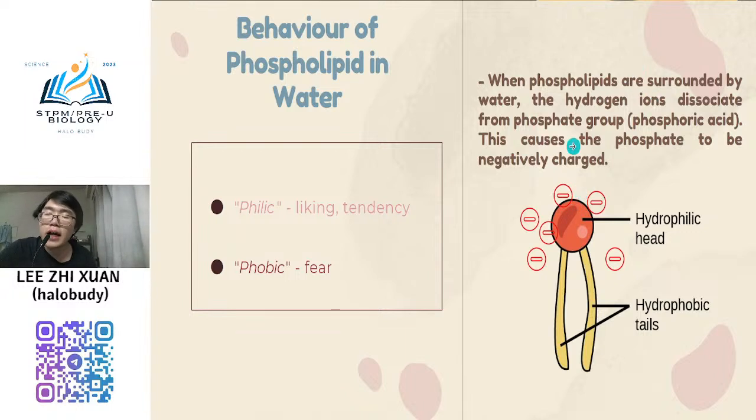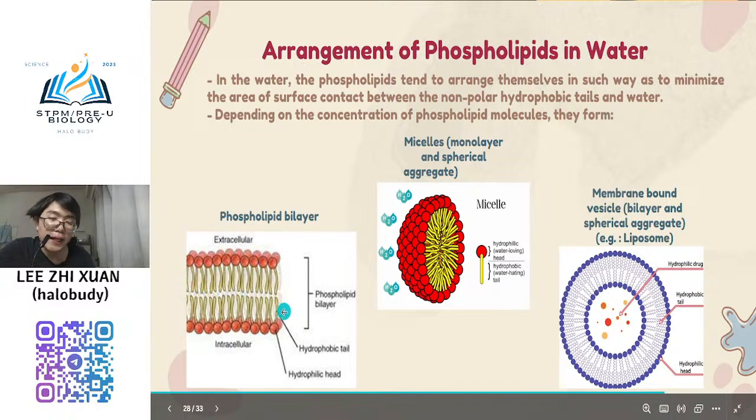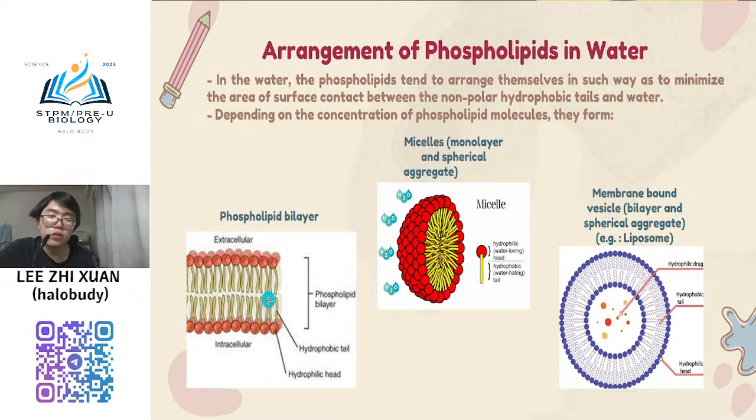The hydrogen ion dissociates from the phosphate group. This causes the phosphate to be negatively charged. That reaction occurs when you dissolve it in water. So that is why when you arrange the phospholipid in water, they arrange like this in the form of a phospholipid bilayer. That is why there are 2 layers here. Why not just one layer?